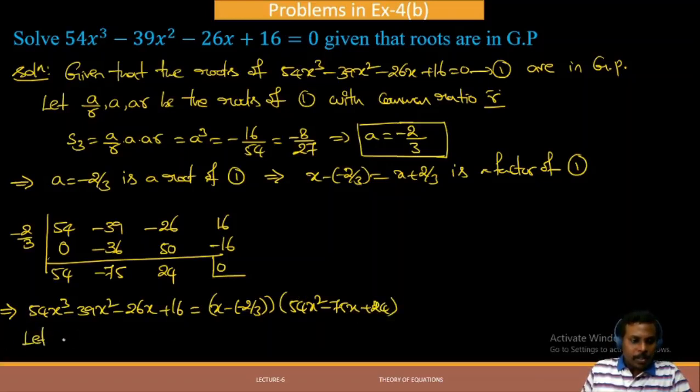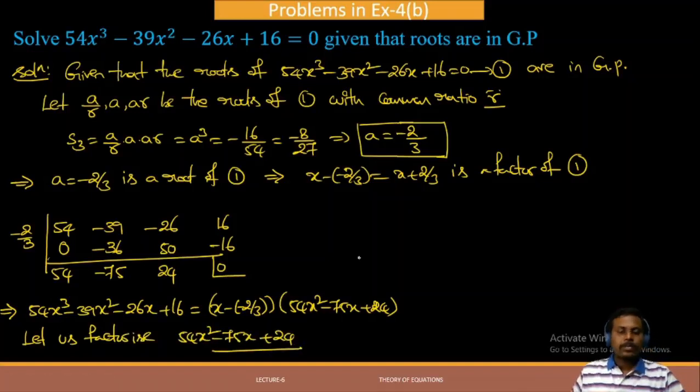Let us factorize the quadratic expression 54x square minus 75x plus 24.